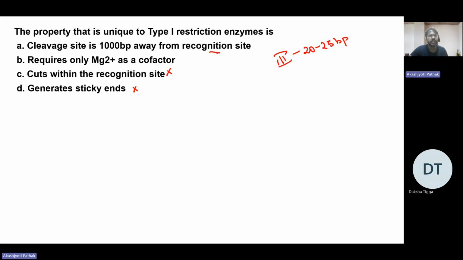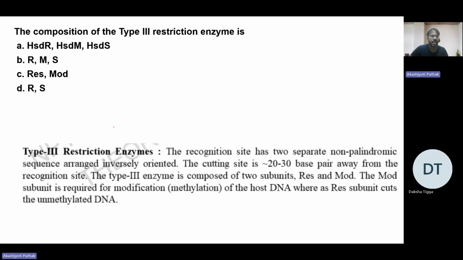Now the composition of type 3 restriction enzyme is what? So already the answer is given. So it is HSD-R.